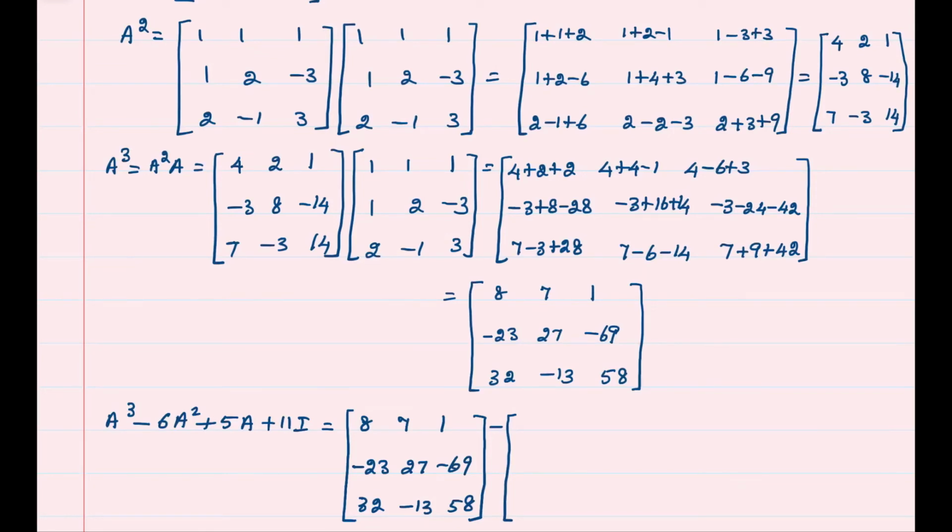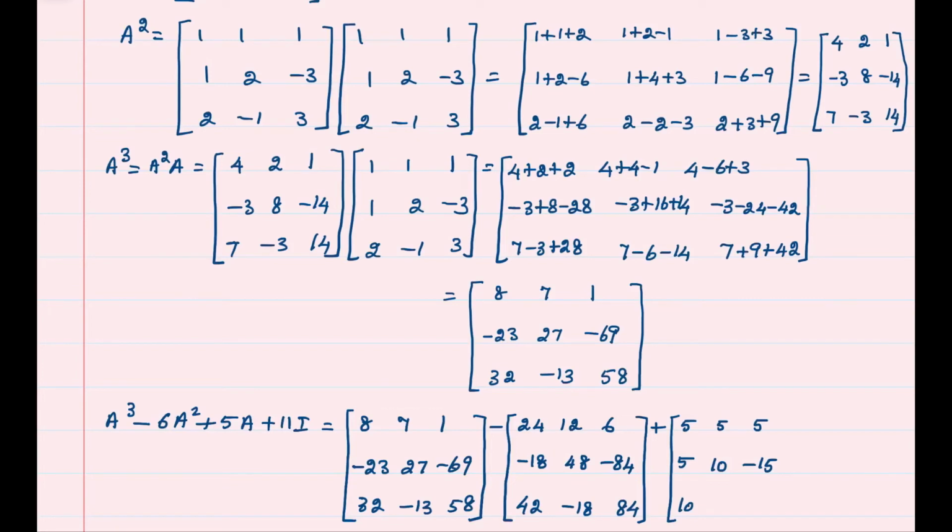We will multiply A square matrix by 6. 24, 12, 6, minus 18, 48, minus 84, 42, minus 18, 84, plus 5 times A. A matrix should be multiplied by 5. 5, 5, 5, 5, 10, minus 15, 10, minus 5, 15, plus 11I, 11, 0, 0, 0, 11, 0, 0, 0, 11.